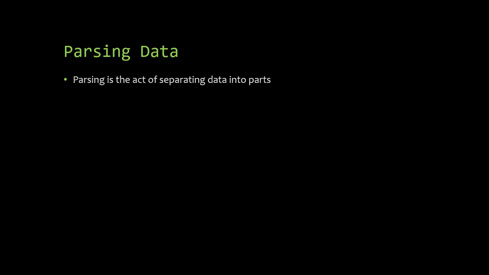Parsing is the act of separating data into parts. So there's a lot of complicated things going on behind the scenes, even for something that looks so obvious to you, like the numbers in an Excel file. In order for our statistical programs to be able to know what are numbers, what are characters, what are dates, we have to separate the data into parts.